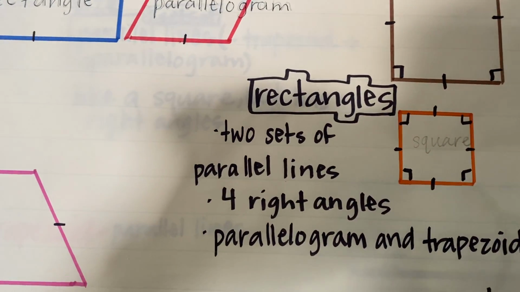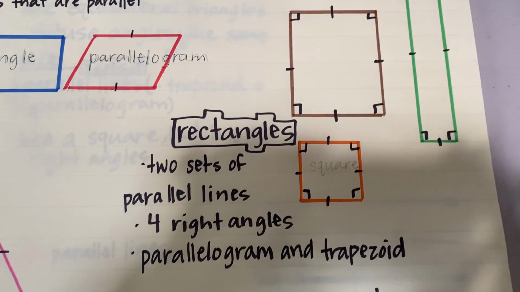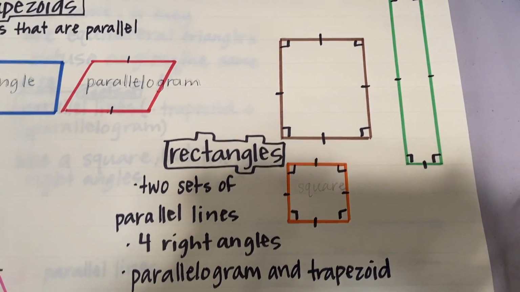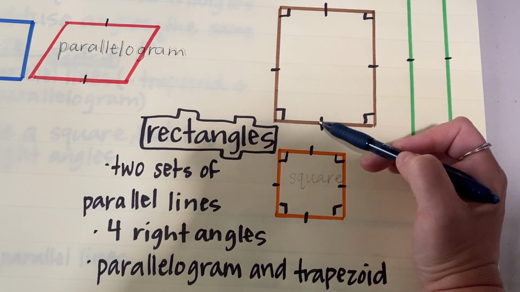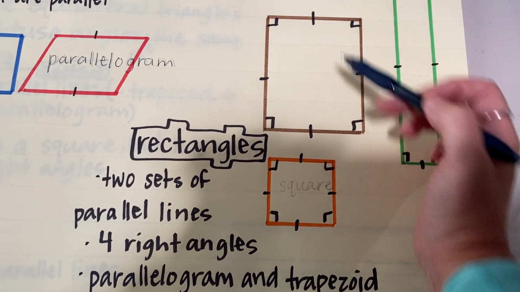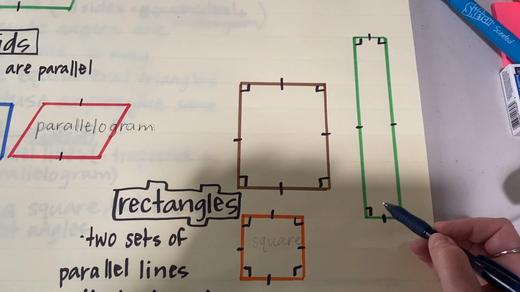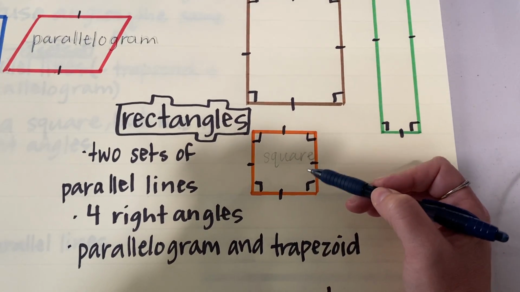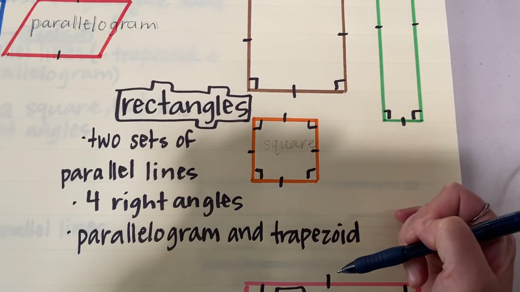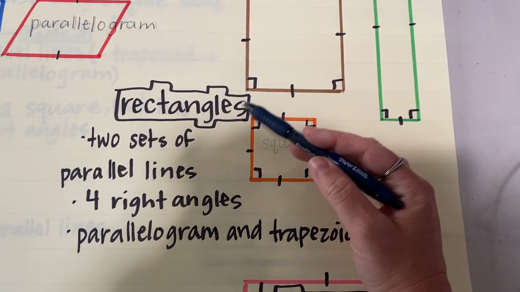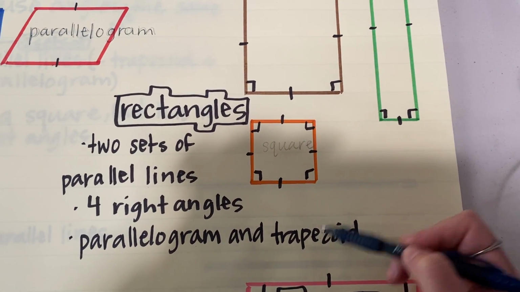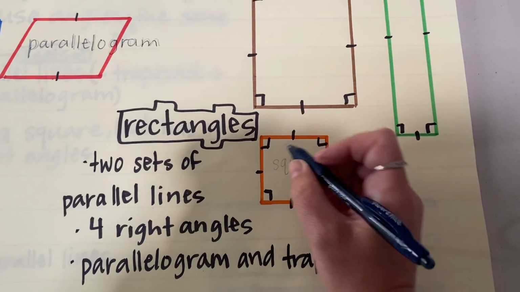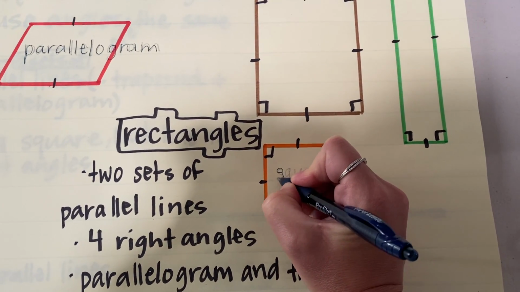Which brings us to rectangles. Rectangles are what we would call shapes that have two sets of parallel lines. So we can see our sets of parallel lines. It also has four right angles. Rectangles are parallelograms and trapezoids. A square is a rectangle.